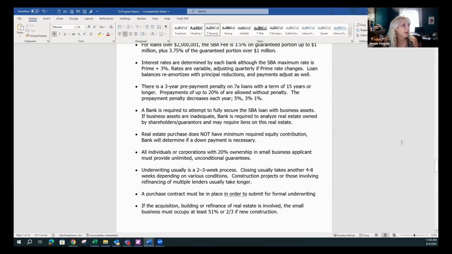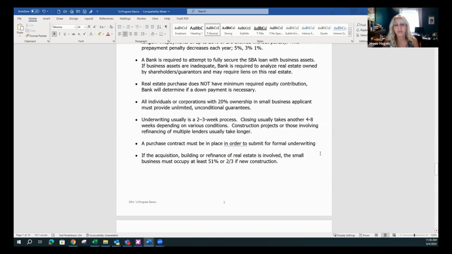I got you. One of the important things that I try to convey to people is, if somebody wants to borrow money and they're buying something, whether it be a business, equipment, or real estate, they have to have a letter of intent or a purchase contract of some sort before a bank can formally do anything. We can talk about what-ifs and offer term sheets, but when it comes to actual approvals, you need a written purchase contract.